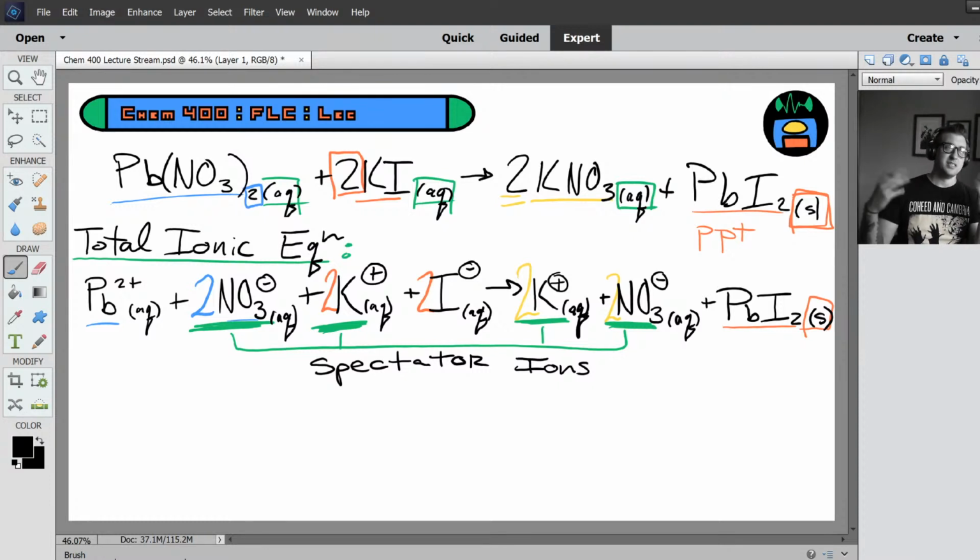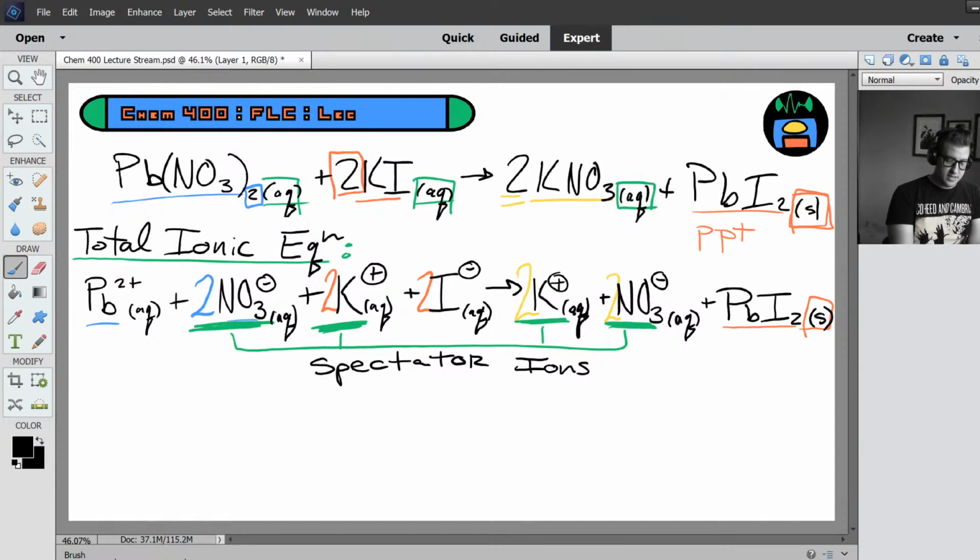Although it's a bad analogy in 2020 because any sporting events that are happening don't have an audience. So imagine in the before times when you could go to a basketball game or a football game or whatever sports ball of your choice was, and you could be part of the crowd. You were a spectator to that game, just like these ions are a spectator to the reaction, and the total ionic equation displays everything in all its glory.